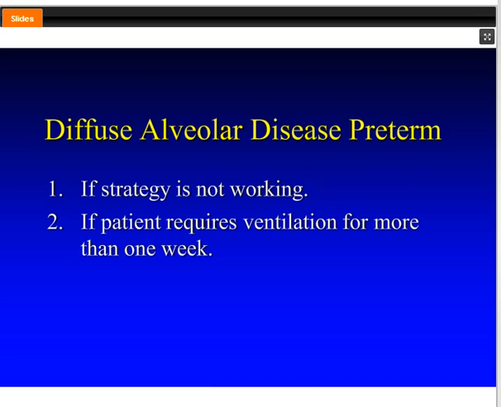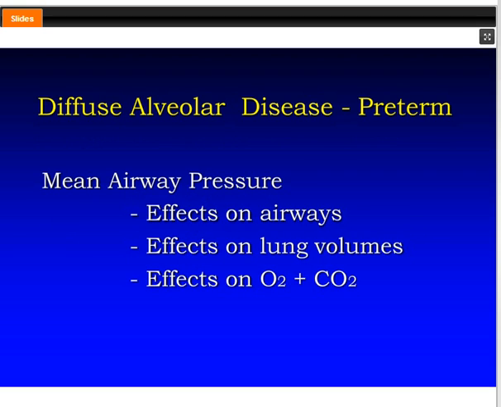Well, one of the things you want to know is, what does the mean airway pressure do? Well, what's its effect on airways? Its effect on airways is to open them up and hold them open. Its effect on lung volumes is to improve lung volumes. Its main effect is on oxygenation.